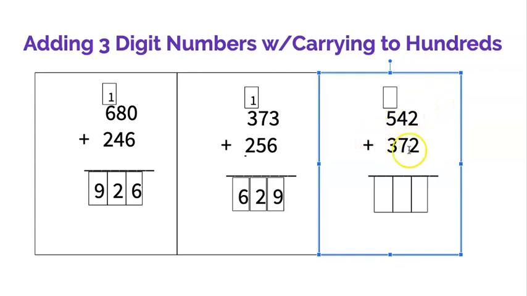All right, 2 plus 2 is 4. All right, 4 plus 7 is 11, I'm sorry. Then 5 plus 1 is 6, plus 3 more is 9.